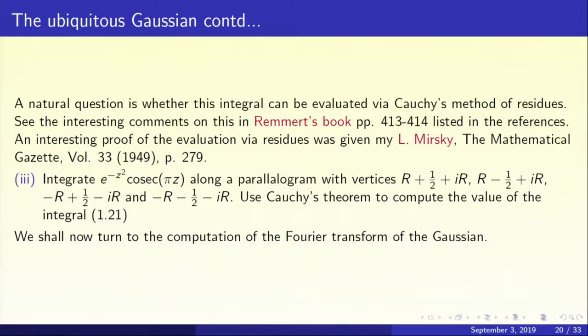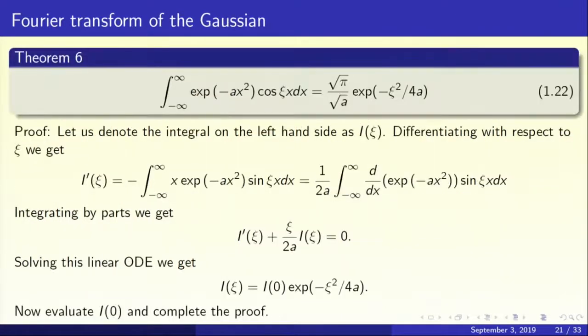So now we have 2 more ways of computing 1.21 beyond what you know already from your undergraduate courses. Now let us see how to compute the Fourier transform of the Gaussian.